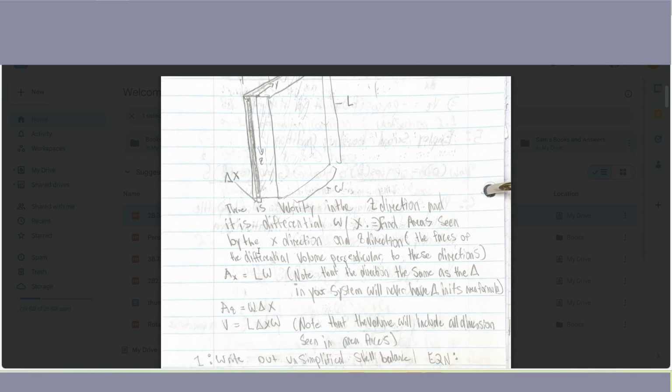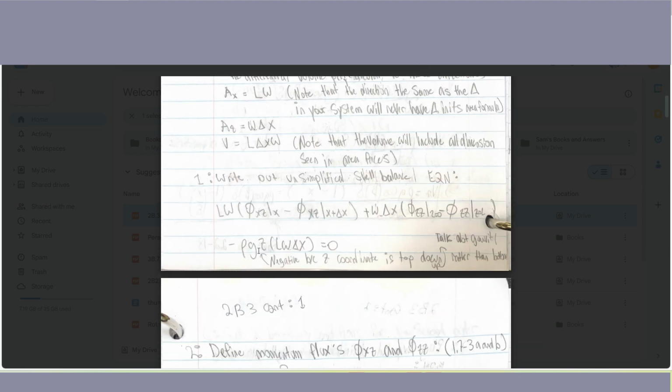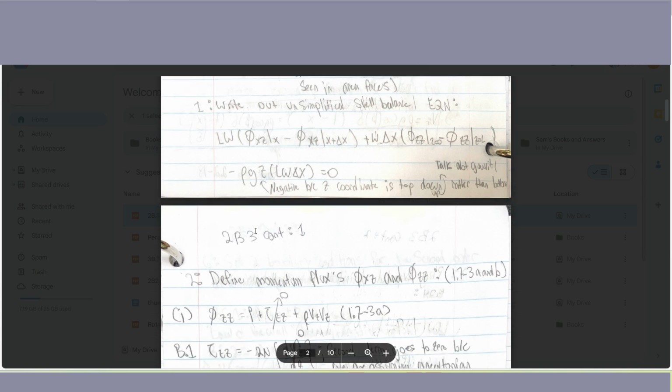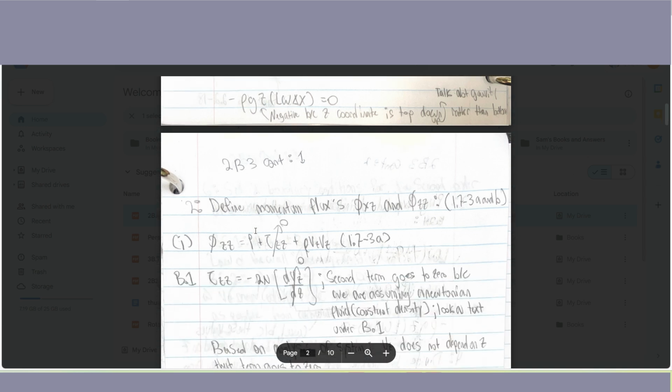So that's where those come from. It's momentum in minus momentum out, plus the gravity. But in this case, it's minus because the coordinate for z starts at the top and goes down. If it started at the bottom and went up, then it would be plus, which is normally the case in most problems, but in this problem that's an exception.